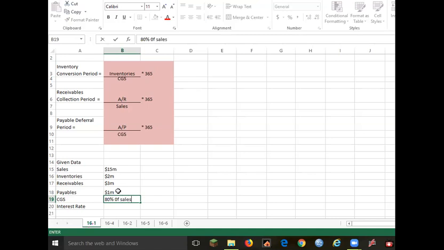The cost of goods sold is equal to 80% of $15 million, so we have $12 million.